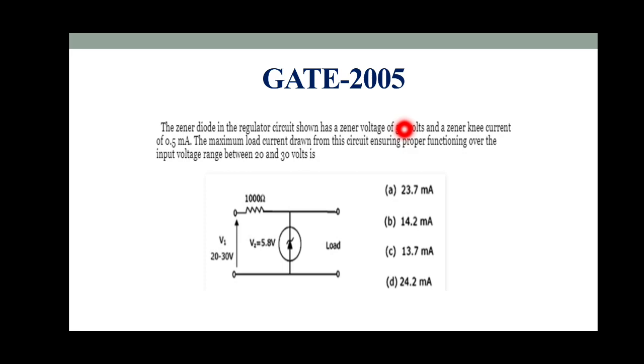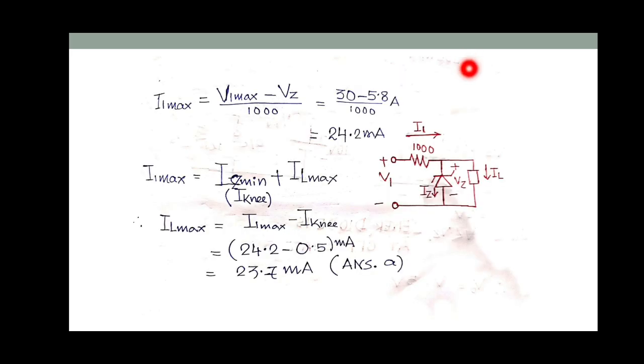VZ value is 5.8 volt, and we have to find out the maximum load current drawn from this circuit. Say this current is equal to I1. This VZ is constant. R is constant at 1000 ohm.